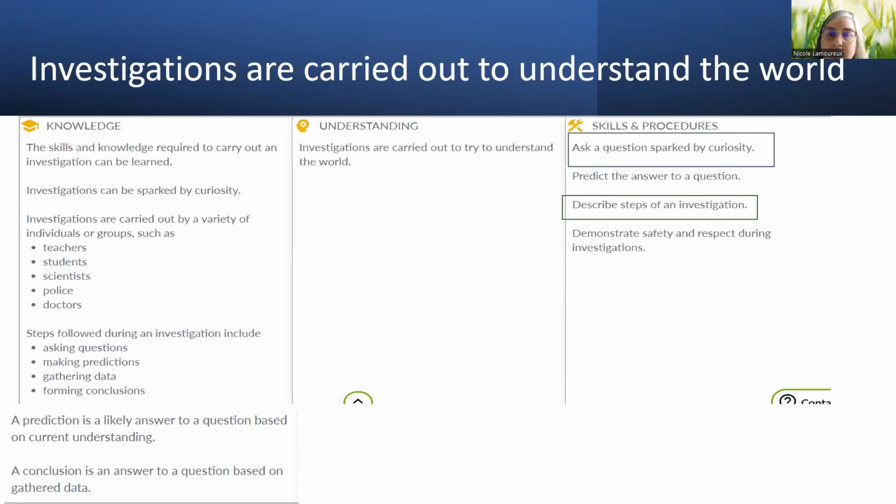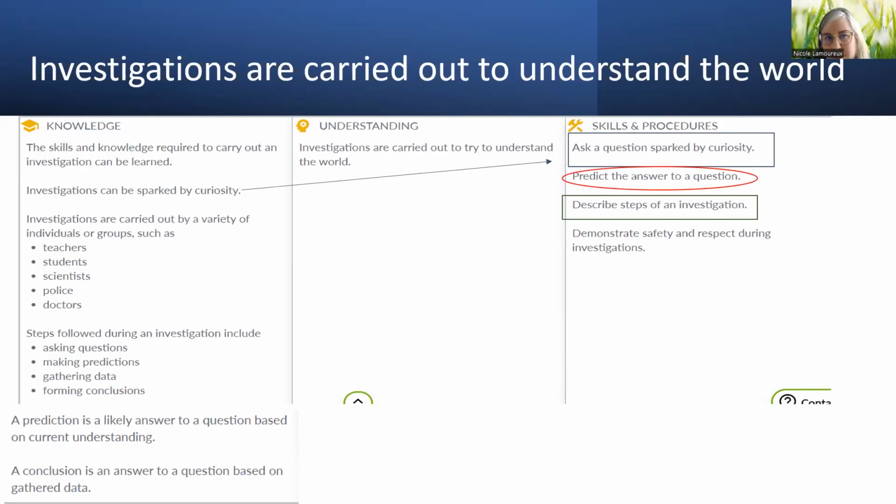And so if you look at the question, ask questions sparked by curiosity, it's going to connect to the students needing to know that, but it gives you as a teacher the parameters of what the expectation is in grade 1. So for example, predict an answer to a question. As a consultant, I've heard, and even I myself 20 years ago would say, well, prediction's a smart guess.